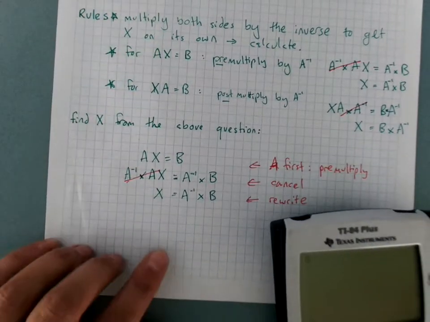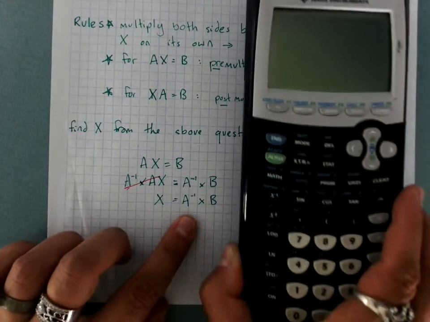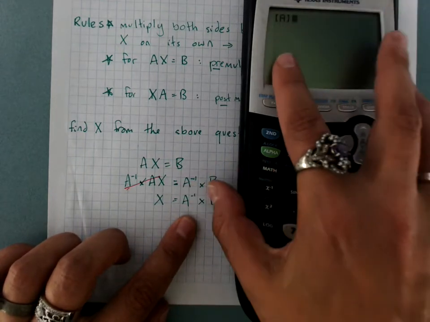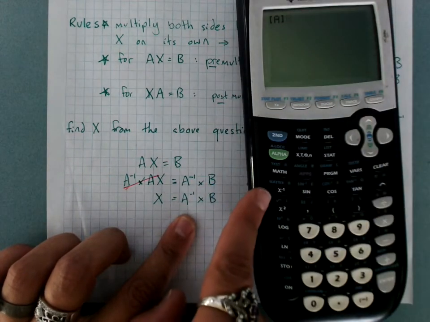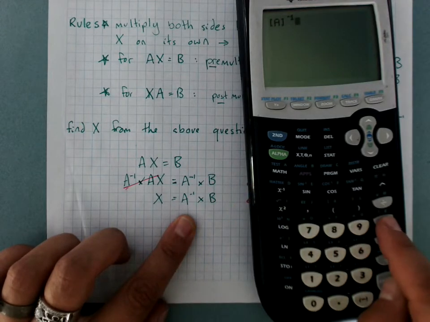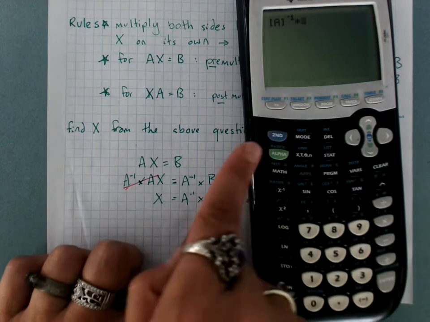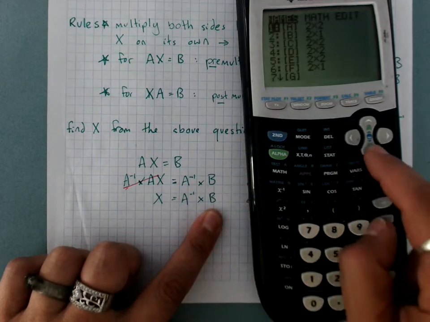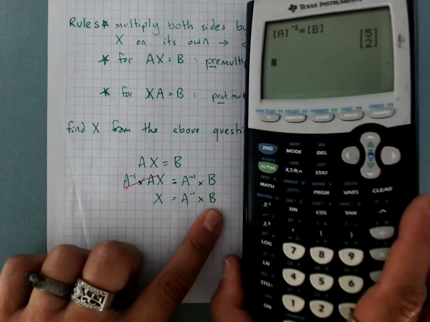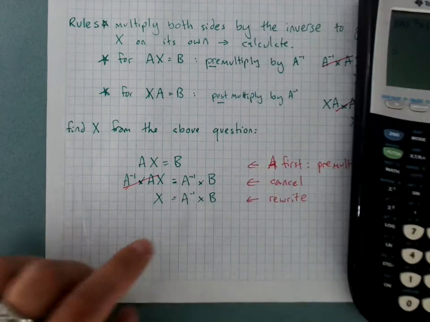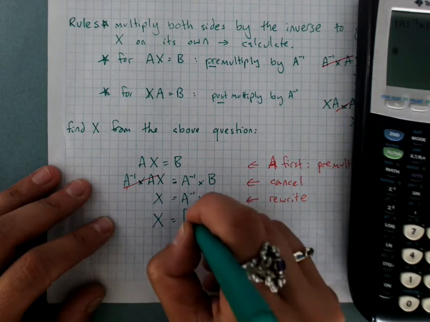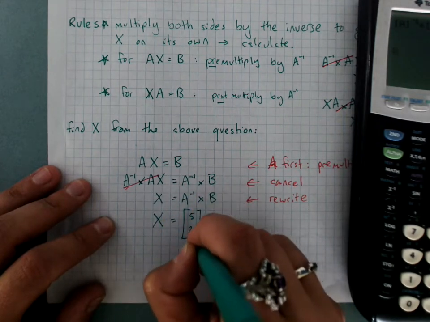I need to do inverse A times B. Matrix menu, choose matrix A, make it inverse with just the x to the -1 button, times, I want matrix B, select matrix B. Inverse A times B, and it's found my answer matrix, and you write X equals the answer matrix.